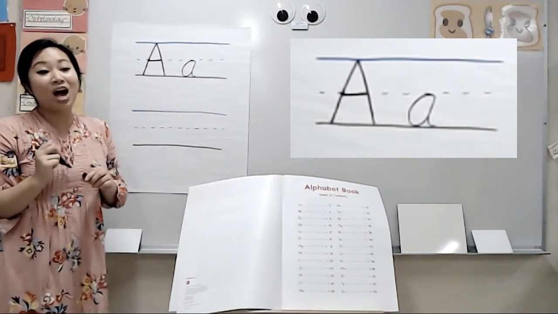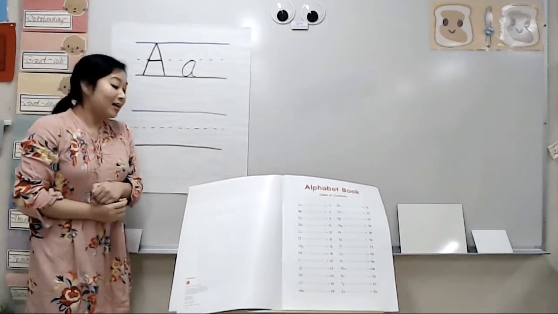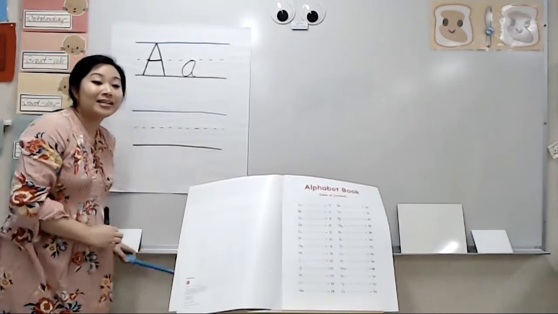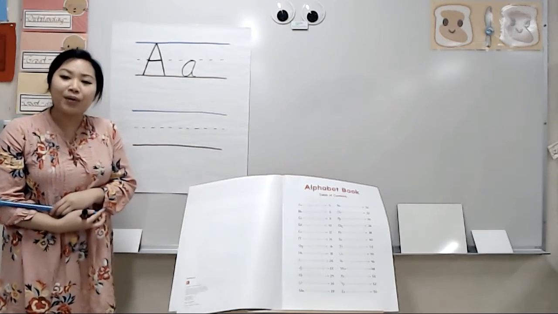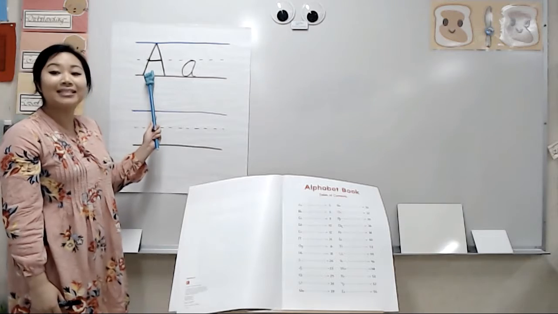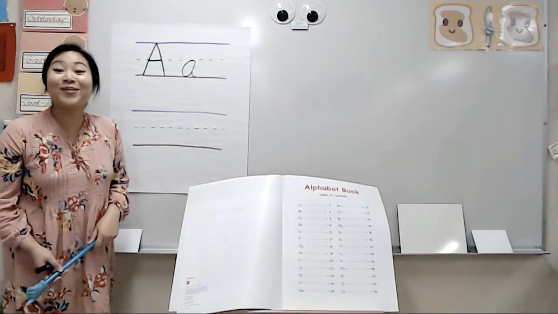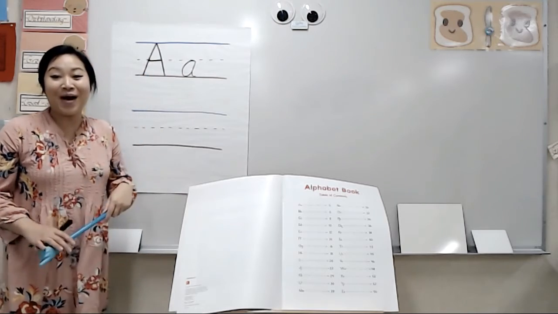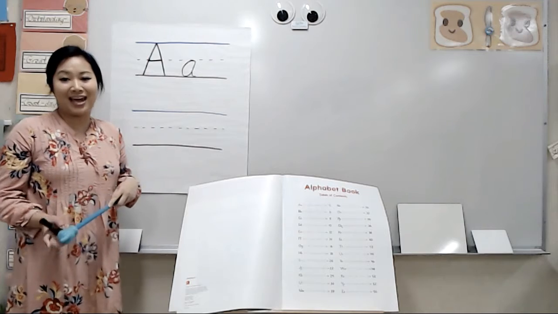And that is how I write uppercase A and lowercase a. Now, again, this is the letter A. What do you notice about the uppercase A and the lowercase a? You're right, uppercase A is a lot bigger, and it's a lot pointier than lowercase a.